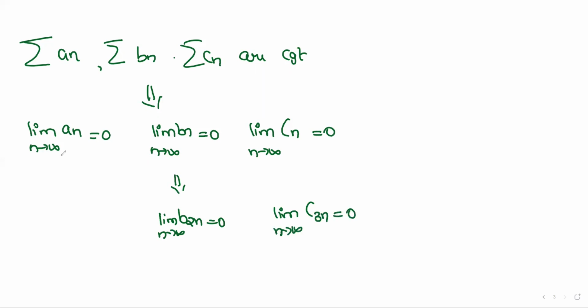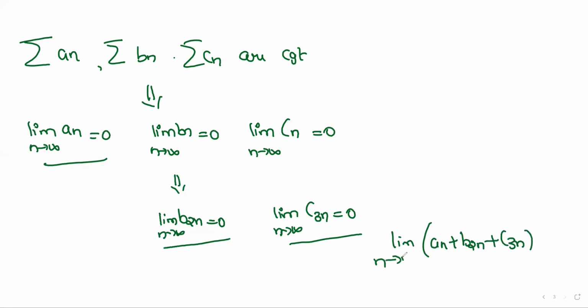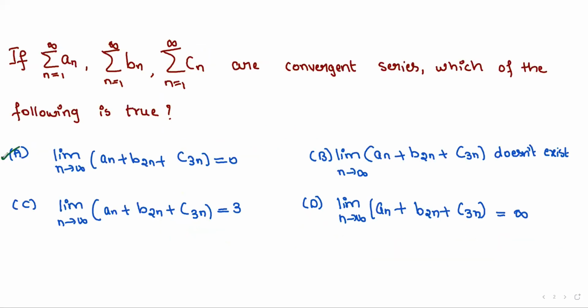Note that limit of An is 0, limit of B2n is 0, limit of C3n is 0. Therefore, the limit of An plus B2n plus C3n as n tends to infinity is 0. Therefore, option A is the right answer.